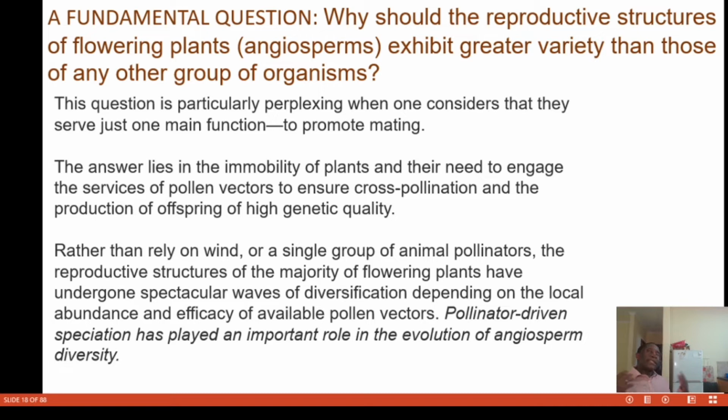So the key question is this: why should the reproductive structures of flowering plants, and remember flowering plants are angiosperms, exhibit such an extent of variation than any other group of organisms?